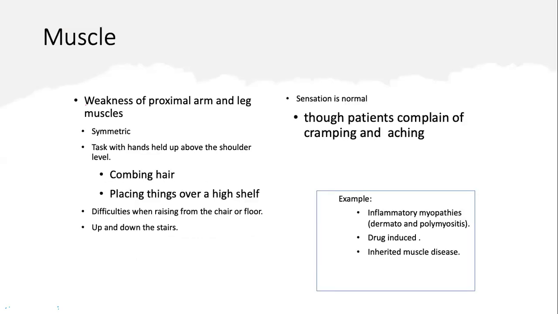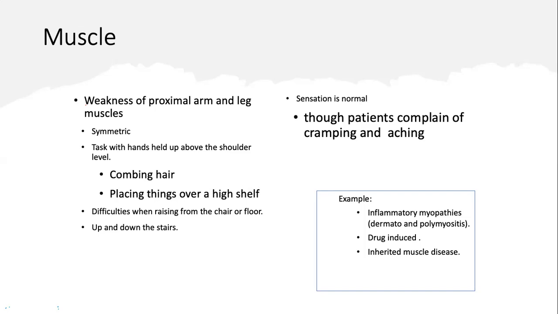Okay. Finally, we reach the last part of the neuroaxis, which is the muscle. So the muscle, as we said, has proximal weakness opposite to the distal weakness in the peripheral nerve. So the muscle will have weakness in the proximal arm and the leg. Proximal weakness, meaning weakness in the shoulder and the arm, weakness in the thigh. So usually the patient will have symmetrical weakness.